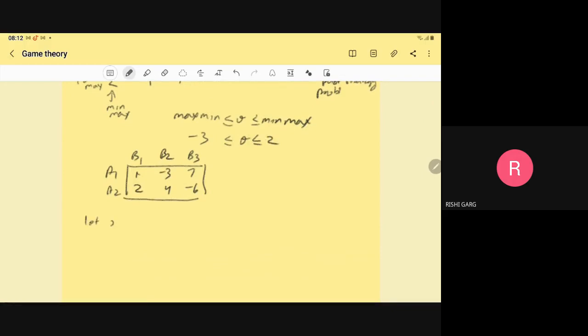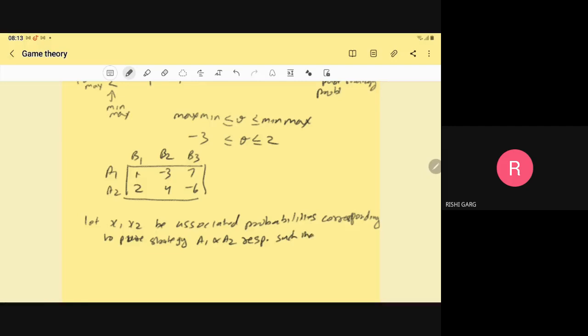Here we assume, let x1, x2 be the associated probabilities corresponding to pure strategies a1 and a2 respectively, such that x1 plus x2 is equal to 1.